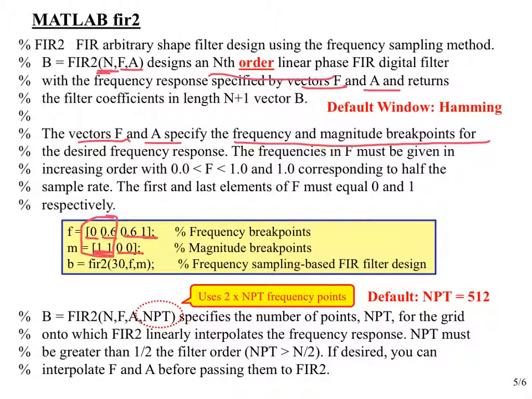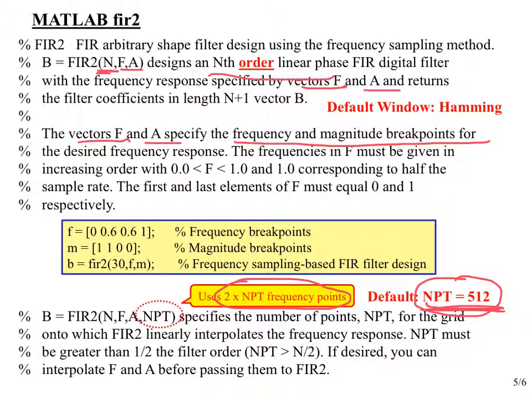And what the MATLAB command does, based upon the numbers that you're specifying, so we're specifying the order of the filter, is it then goes to a default parameter called NPT. Basically, it puts whatever that is, 512 points between 0 and pi. So effectively, it uses N times NPT frequency points over the whole 0 to 2 pi range.